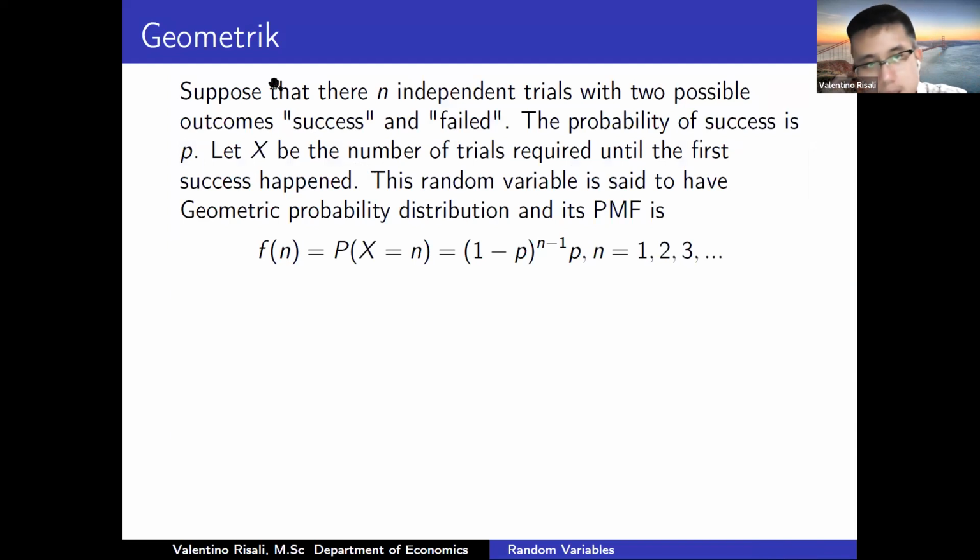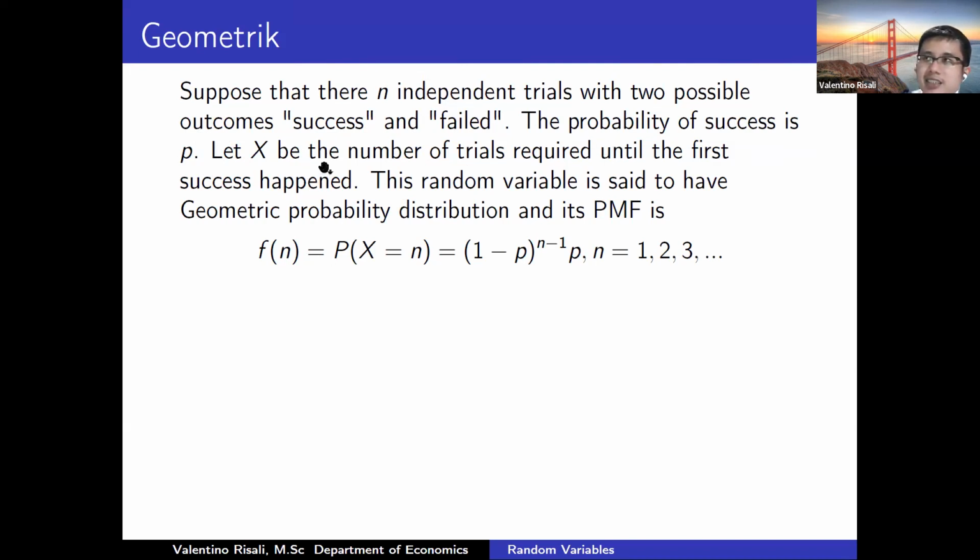And then the last type in discrete is the geometric probability distribution. It accommodates the experiment of this. Suppose that there are n independent trials with 2 possible outcomes, success and failure, and the probability of success is p, and let x be the number of trials required until the first success happens.